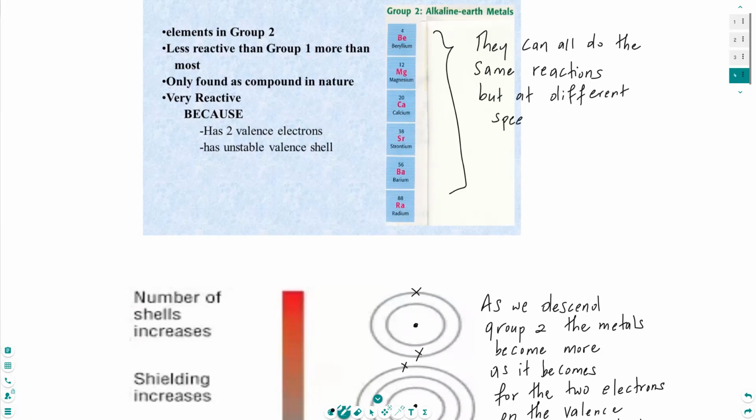Now, what you will find is that if magnesium is doing a reaction, calcium does the same reaction, but calcium does it faster. Strontium will do it faster than calcium, barium will do it the fastest.